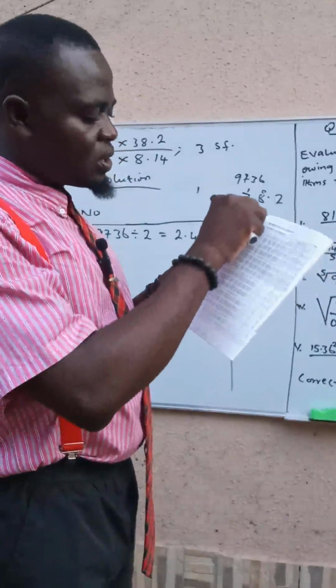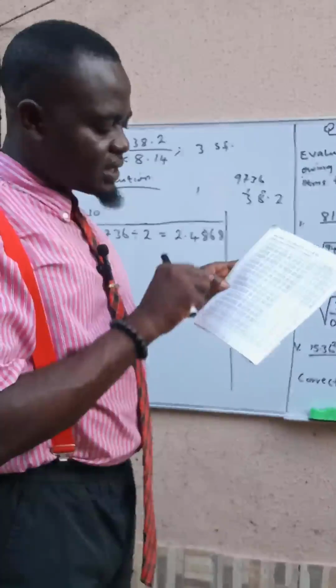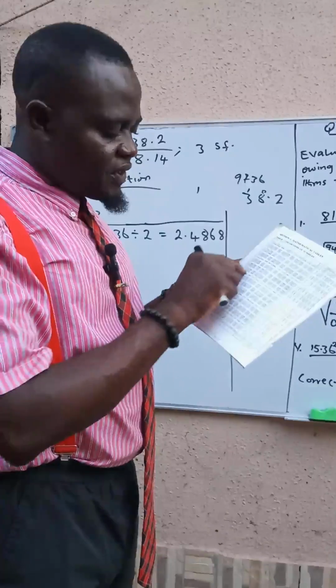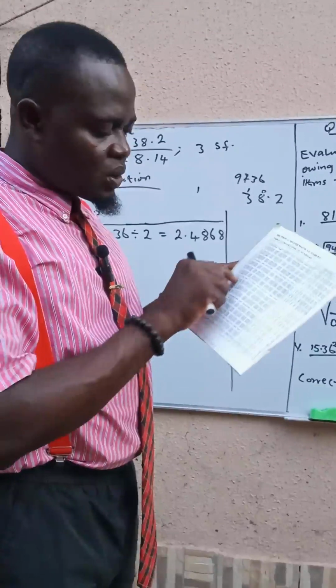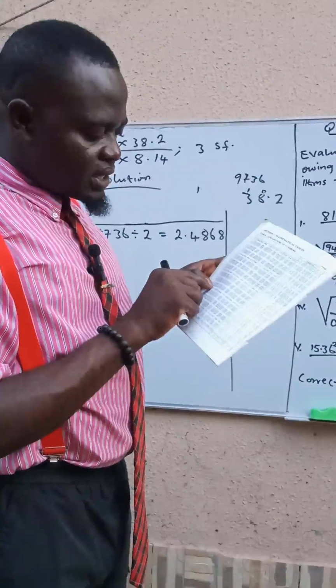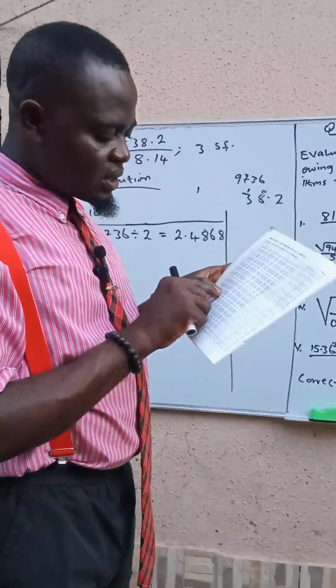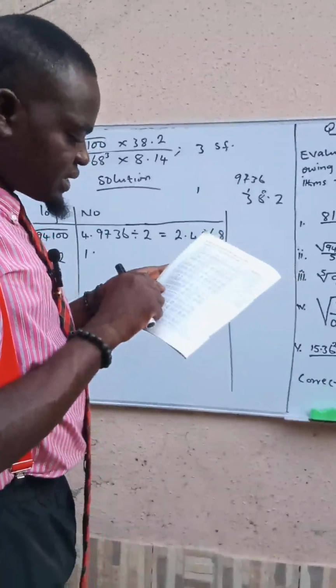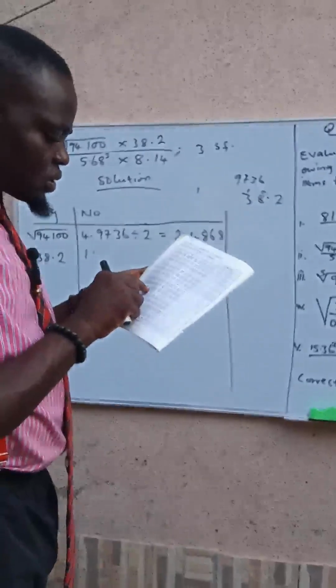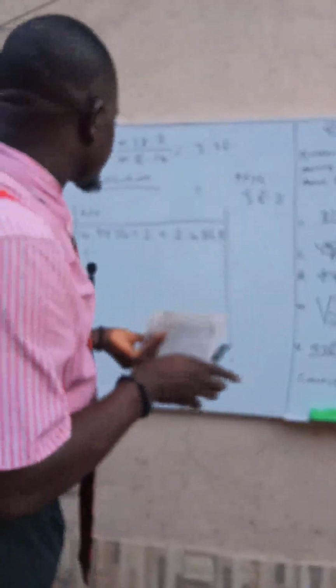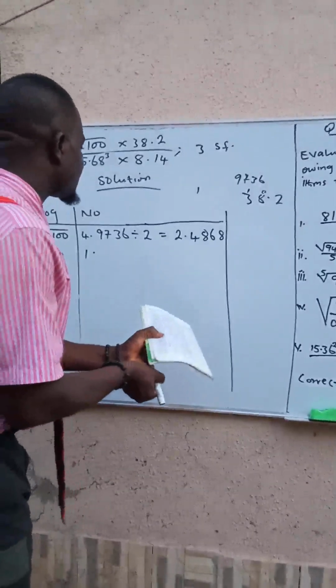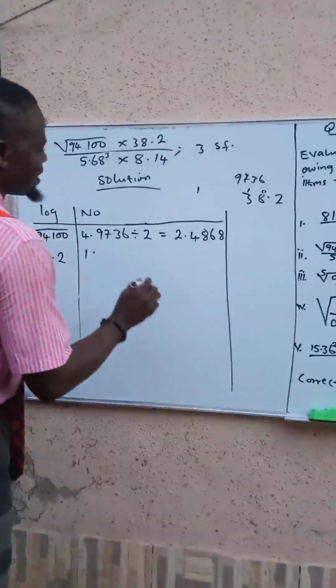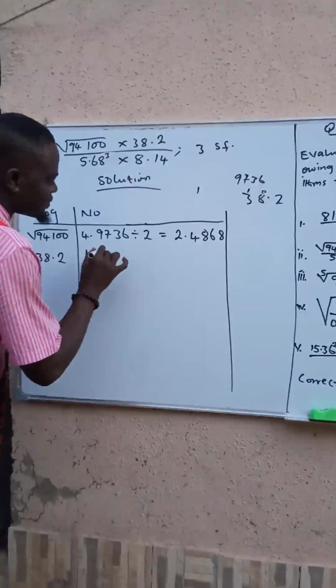The first column here is 0. So 38 under 1 under 2 is 5821. Log 38 under 2 is 5821. So I'll write it down immediately. 5821.